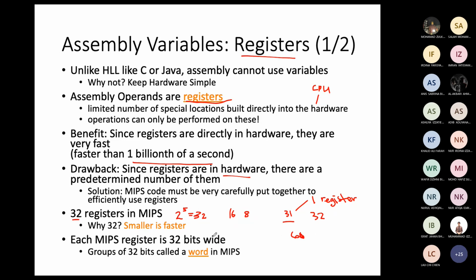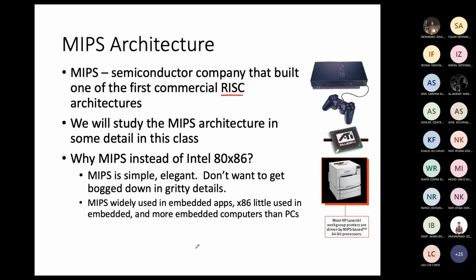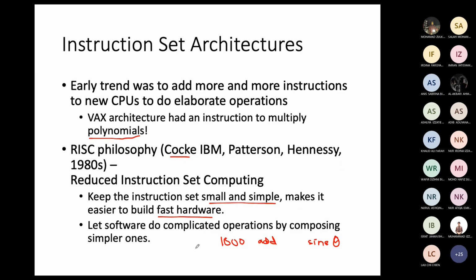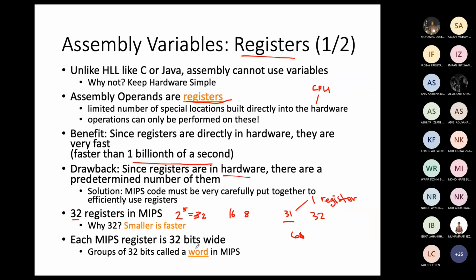So for each MIPS register, what is it? For one register, we have 32 registers, right? The size of that one register is 32 bits wide.